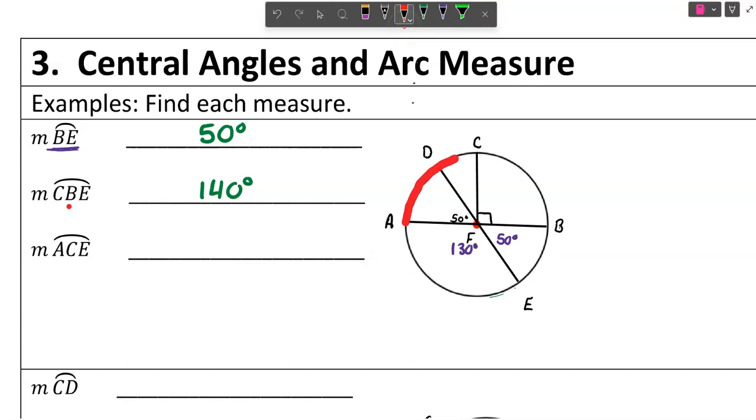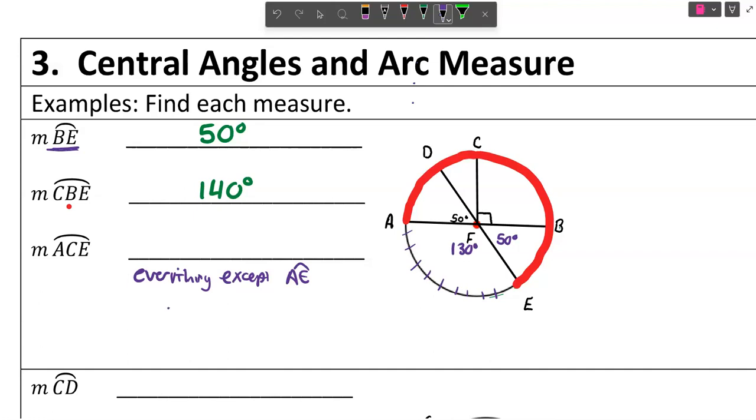So A to C to E. You notice we did not find arc DC yet, and while we easily can find it, this is not necessarily asking us to find that. Since we have this major arc ACE, it includes everything except arc AE.